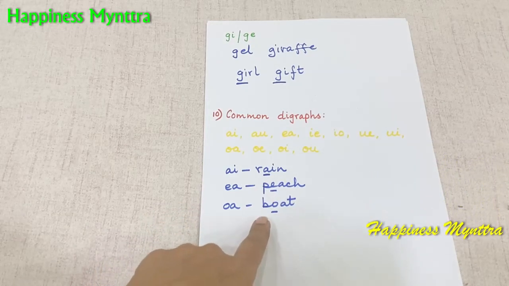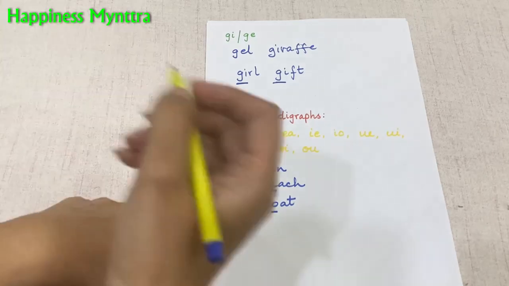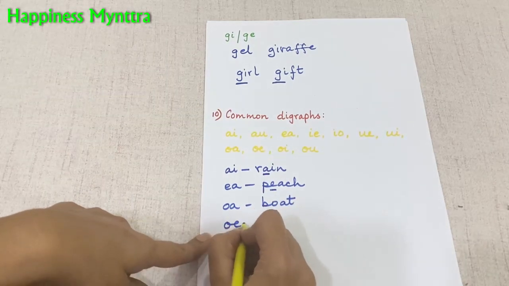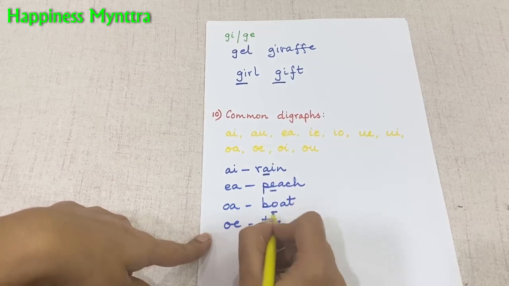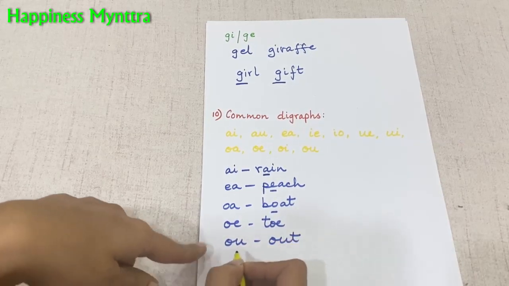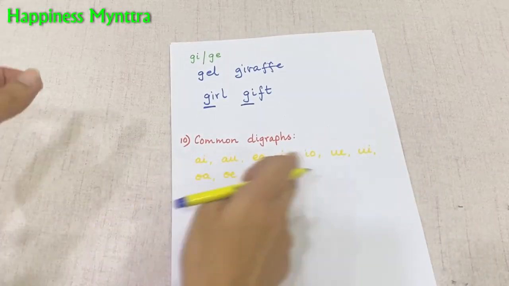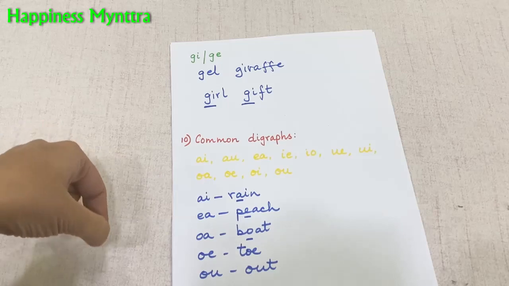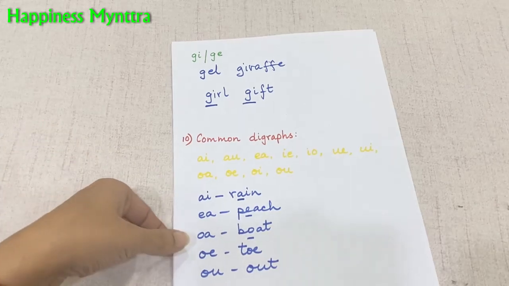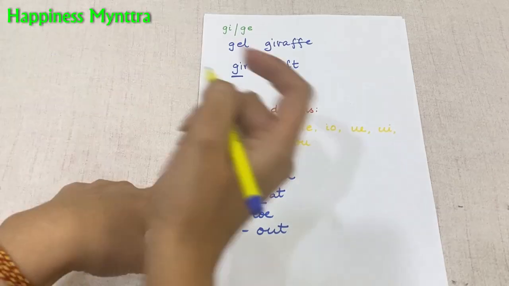In all these cases, you'll notice that it's the first vowel which is giving the sound. So basically, we say that when two vowels go walking, the first one does the talking. Then we have OE, so we'll have a word like toe. We have OU, so out, and many more words. We can have combinations of all these, but again here there are many cases where there are two ways in which the words can be pronounced.